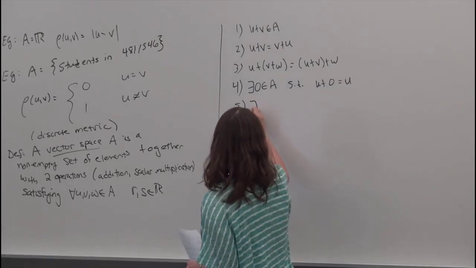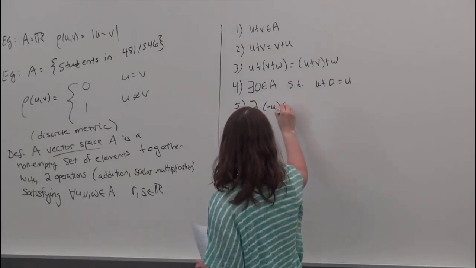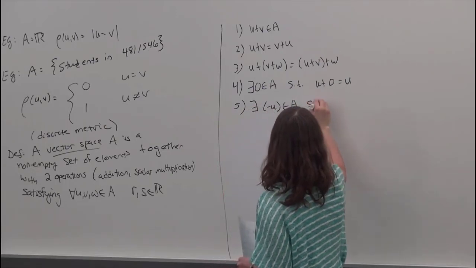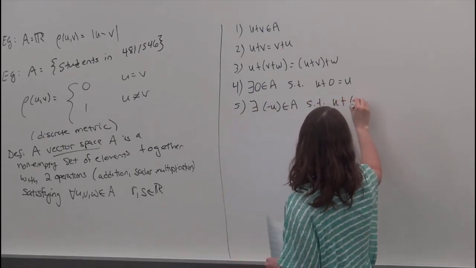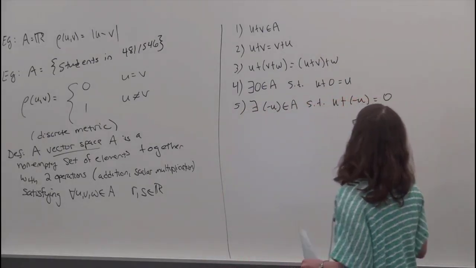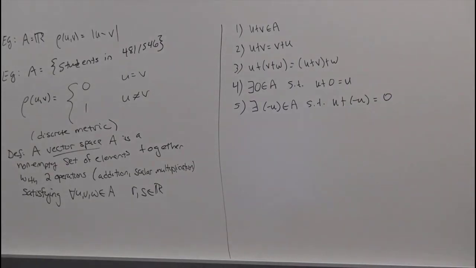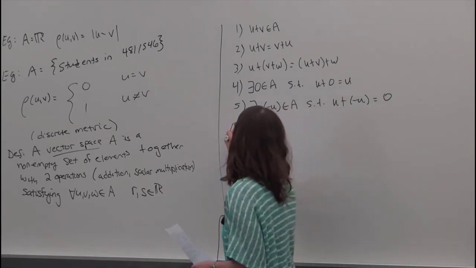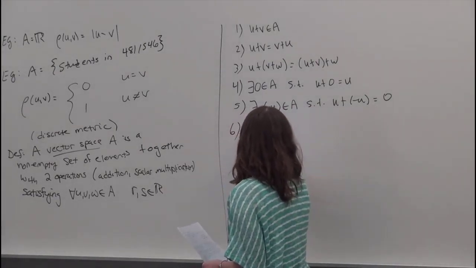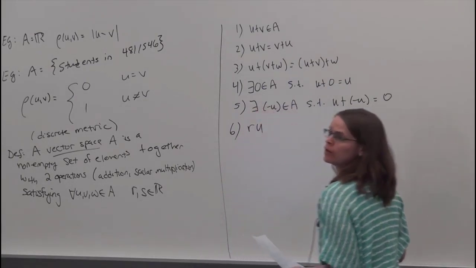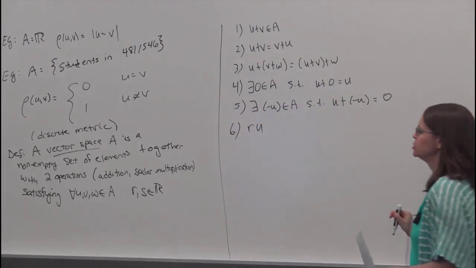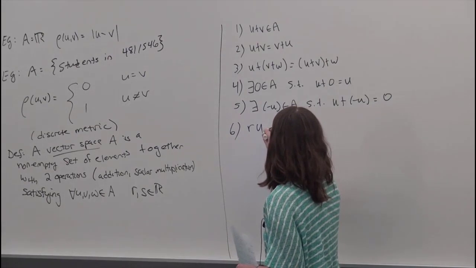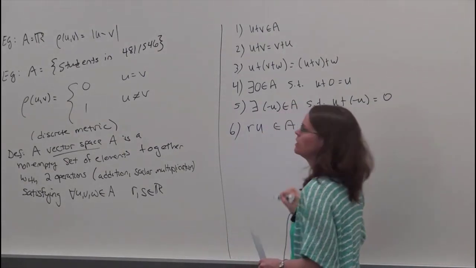So for all u, there exists some object called minus u in my vector space, such that u plus minus u gives me this identity. It's closed under scalar multiplication, so a scalar times my vector is also in my set.